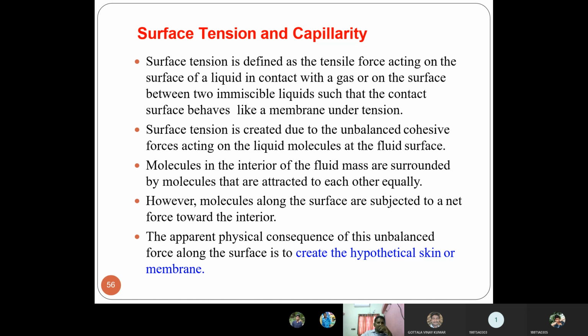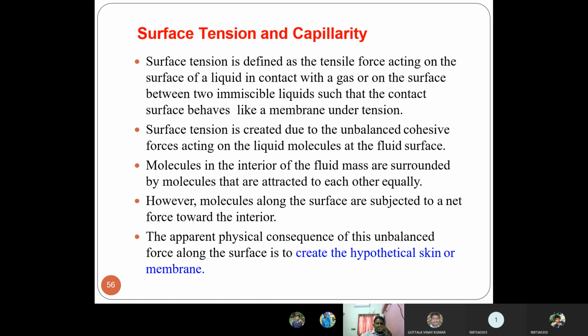Okay, surface tension is a tensile force which is acting on the surface of a liquid in contact with a gas, or on the surface between two immiscible liquids, such that the contact surface behaves like a membrane under tension. Surface tension is created due to the unbalanced cohesive forces acting on the liquid molecules at the fluid surface.